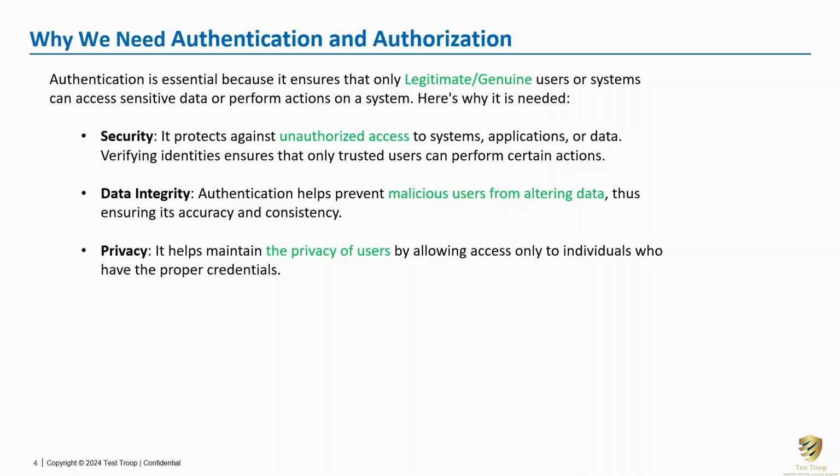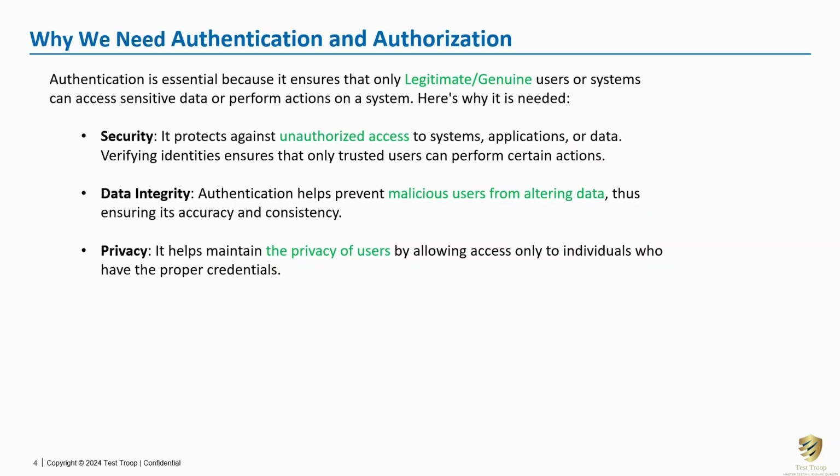Security: it prevents unauthorized access to systems, applications, or data. Verifying identities ensures that only trusted systems, applications, or users can perform certain actions. Data integrity: authentication helps to prevent unauthorized users from altering the data, thus ensuring its accuracy and consistency.